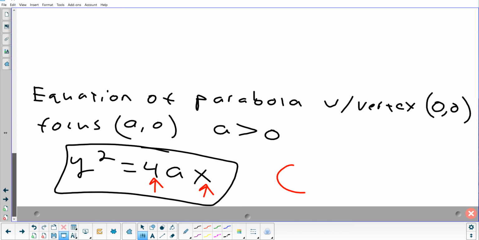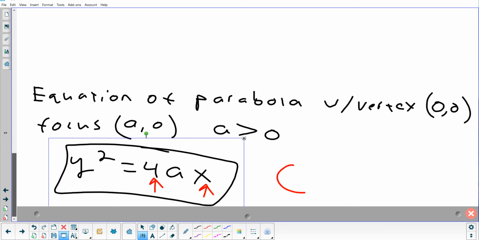If this is a positive number, it's always going to be a 4, but it could be a positive or it could be a negative. If it's a positive, it's either going to open right or up. Those are the two positive directions. If it's a negative, this 4 tells me it could open left or down. Okay, left or down, those are the negative directions.